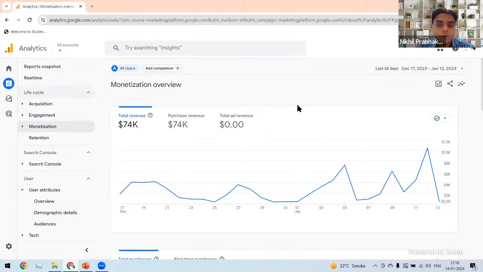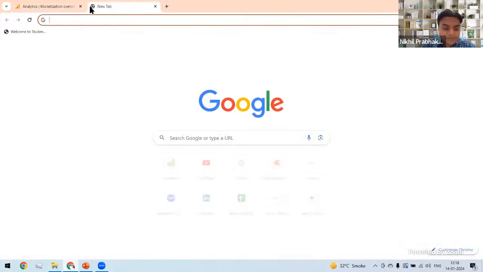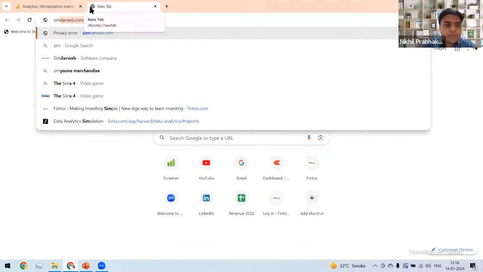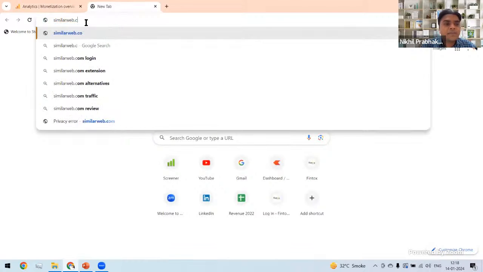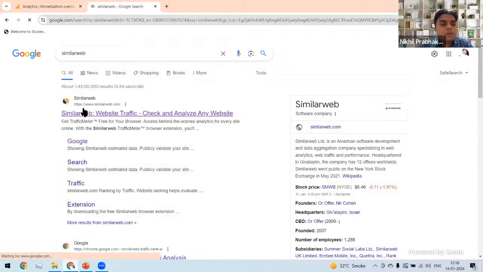Otherwise, you can use SimilarWeb to go to any website. You can download their Chrome extension. SimilarWeb is a very popular tool. You can use it and check the website traffic for any website. You can check it for Infosys, compare it with TCS, compare it with Wipro, and so on and so forth. So a lot of marketers used to use this Chrome extension.